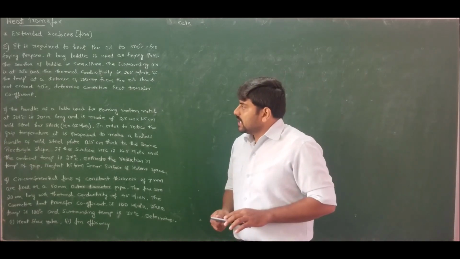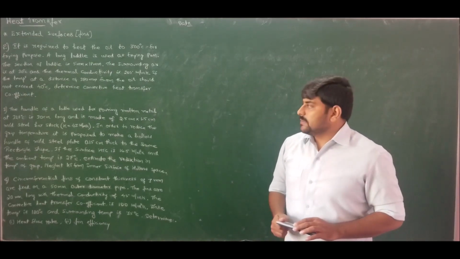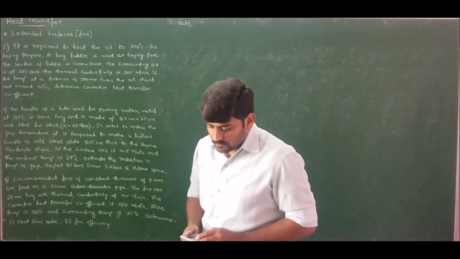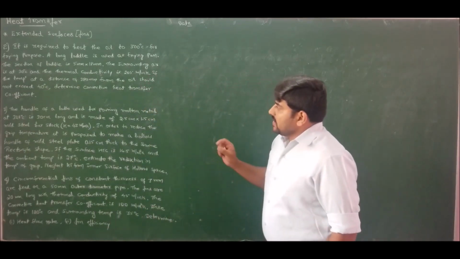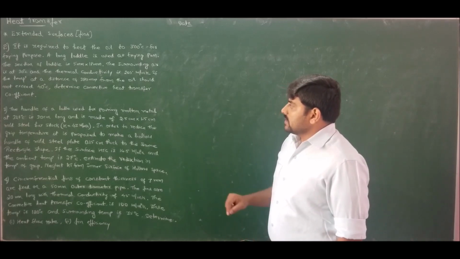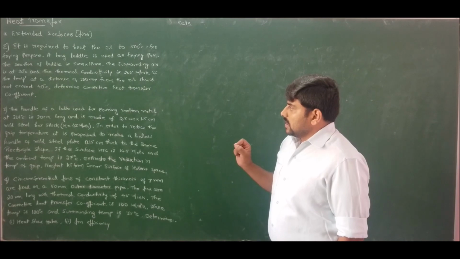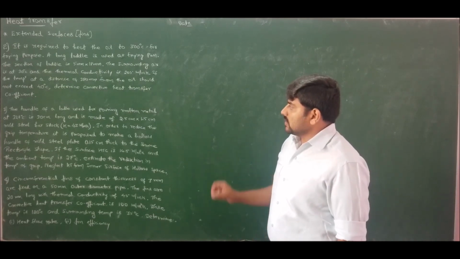So this is a question picked from the January 2019 examination paper of VTU for the 2015 scheme. If you clearly observe, again we have a ladle which is used to pour molten metal at a temperature of 327 degrees Celsius, and the cross section area is given.